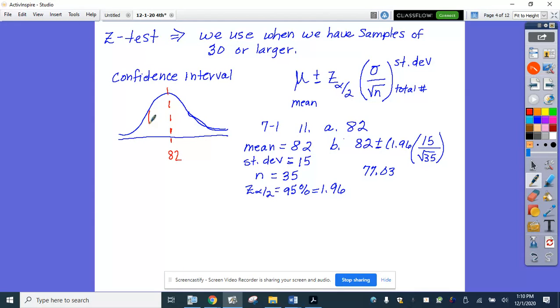And over here on the left, I'm going to have 77.03. And the same distance on the right, now I have to find my plus number, because remember we have to have 2 numbers.